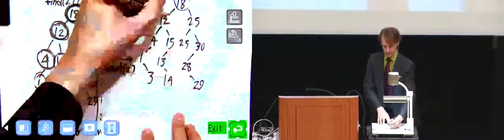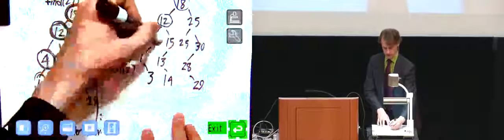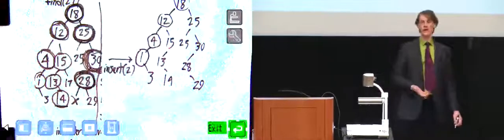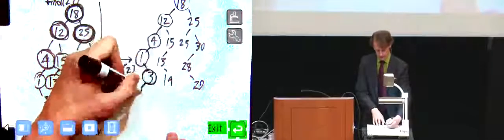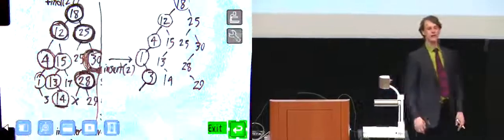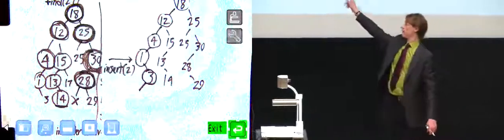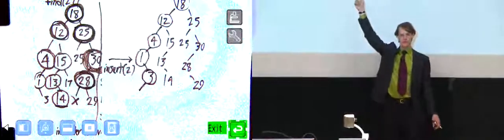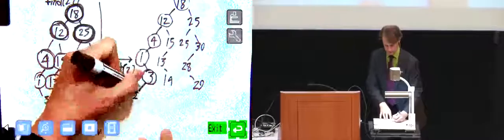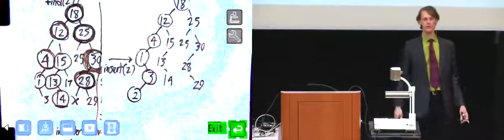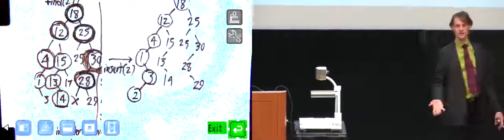So go left to the 12, go left to the 4, go left to the 1. 2 is greater than 1, so now we're going to go right to the 3, and then go left to the, well, to the null pointer. So we have finally, by walking down the tree, reached a spot where there's a null pointer, and that's the right spot to add a new node with a 2 in it. And whatever associated value we passed in as v.